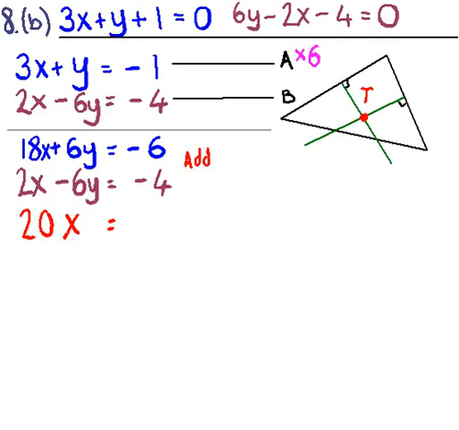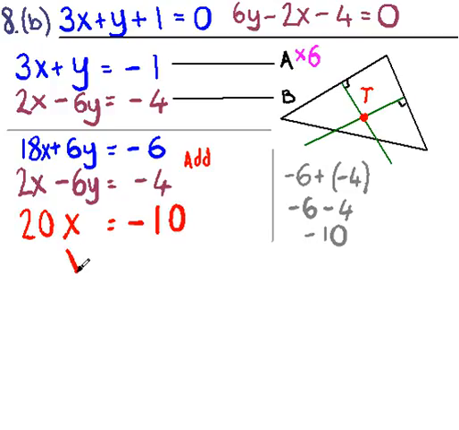So if you're not sure about doing this, then the best thing to do is do a little bit of working at the side. This is the point where most people make mistakes with simultaneous equations. So we had minus 6 on the top line, and we're going to add minus 4. So that's minus 6 plus the minus sign makes minus. Minus 6 minus 4 is minus 10. So 20x equals minus 10.